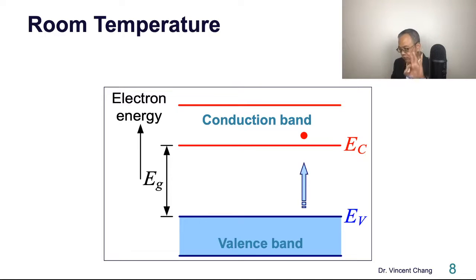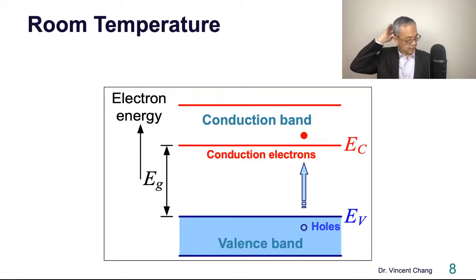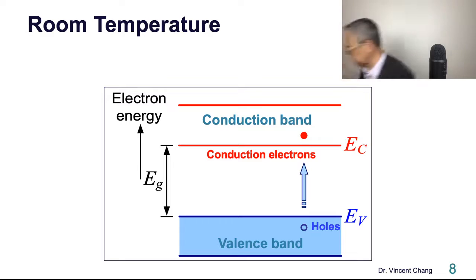So when the electron jumps into the conduction band, at its original home it's going to create a space. Let me try to help you understand this.